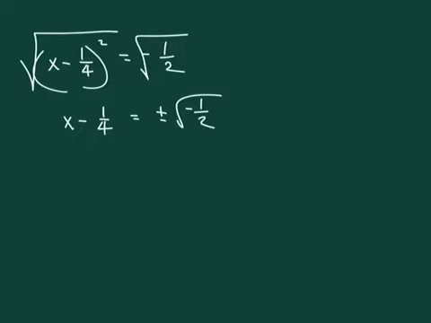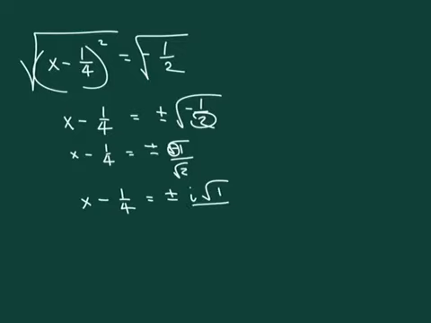So the first thing we're going to do, again, is we're always going to look at the radical first. See if there's anything we can do with it to simplify that. And there is, because we have this can be written as, before I get ahead of myself, there's a negative right there. So I split these up, and I see I have a radical there on the bottom. So I get x minus 1/4 equals plus or minus, the negative comes out as an i, and we have to get rid of that radical right there.